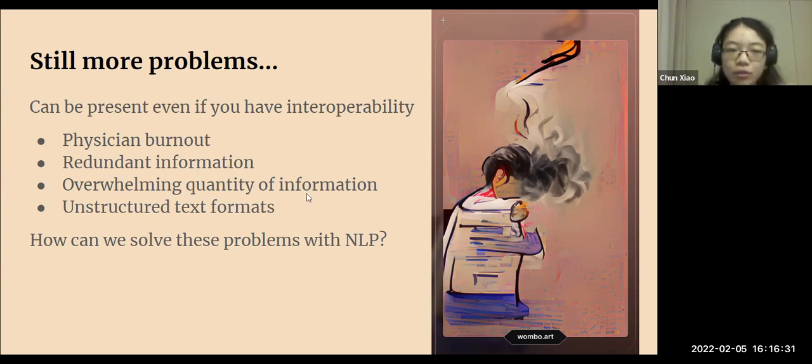And third, there is an overwhelming quantity of information. So even if we don't have redundant information and information is recorded concisely, there's just a really large amount of information in the first place that is required to make a diagnosis.